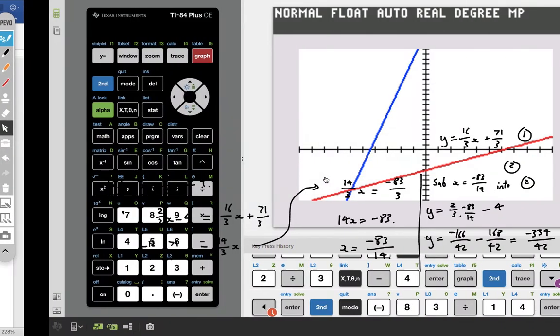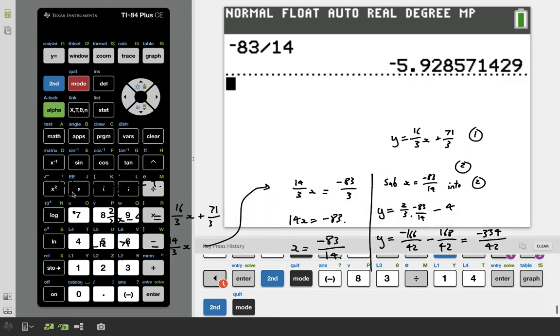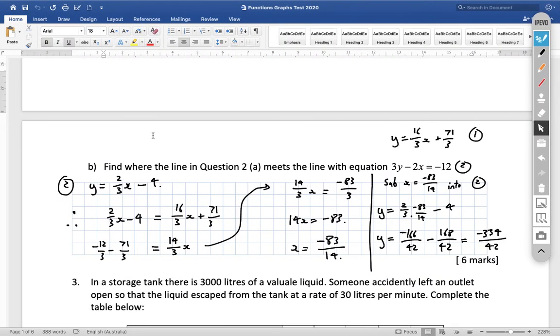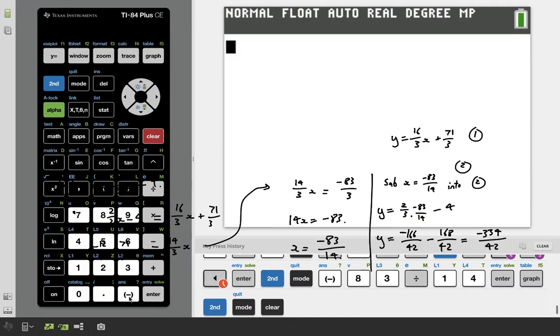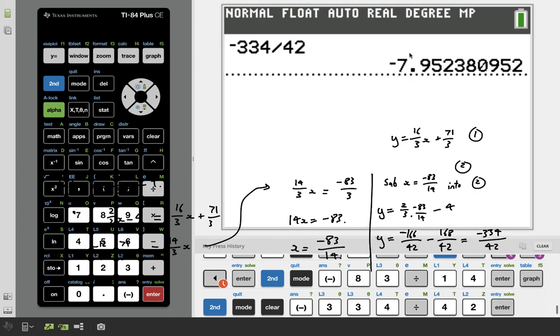So again, using that calculator, people, can't remember what I said now, minus 334 on 42, minus 334, 42, I think it wasn't at minus 7 point something. Yeah, so that looks right.